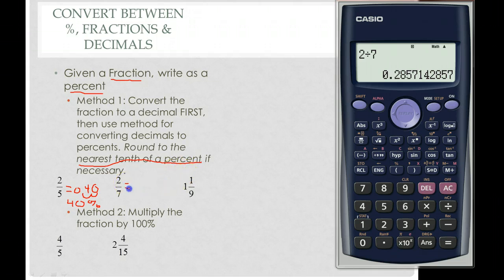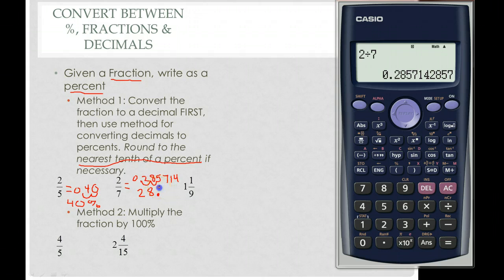So 2/7 as a decimal is 0.2. I'm just going to write down a bunch of the numbers. 8, 5, 7, 1, 4, and then I'm going to move the decimal point 2 places to the right. So that's 28 point. Now I need just 1 place after the decimal.